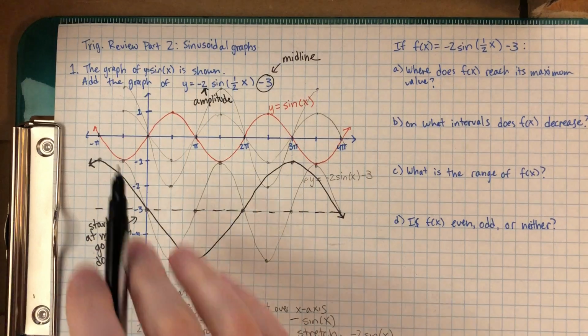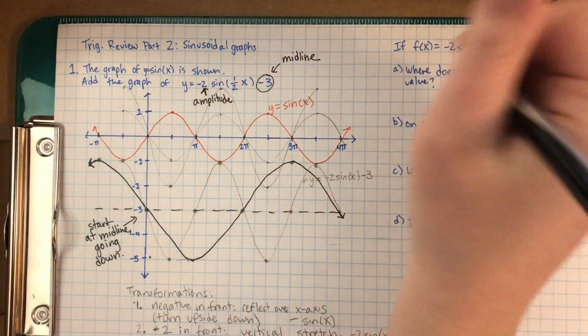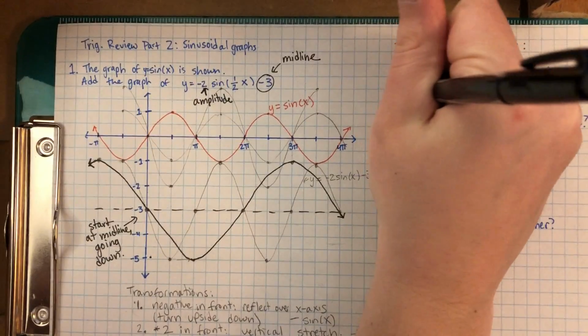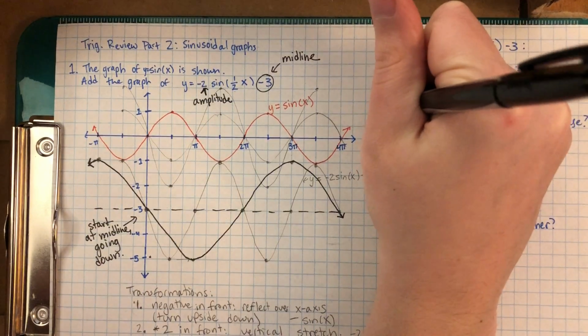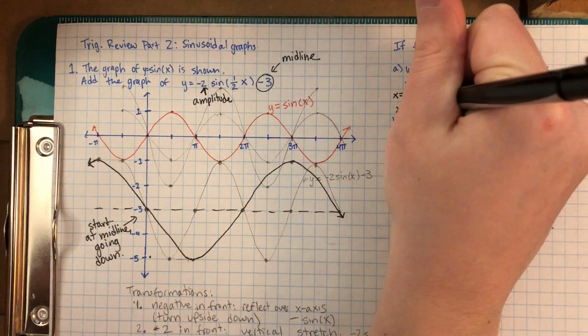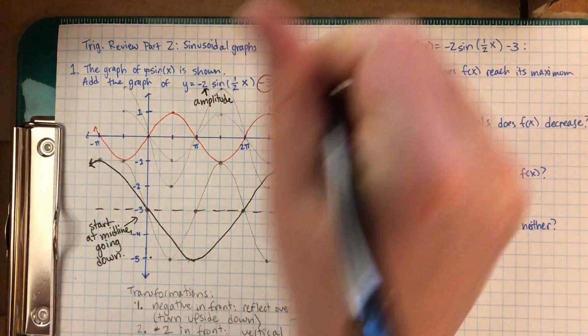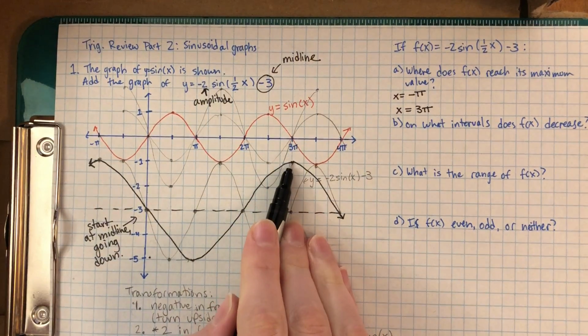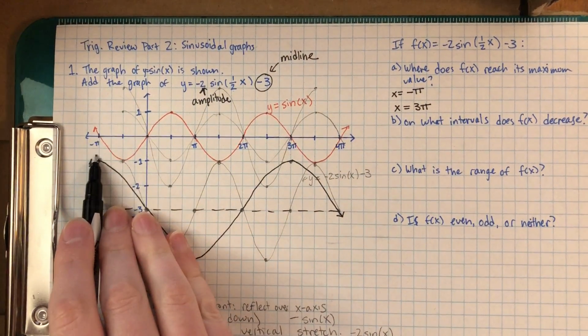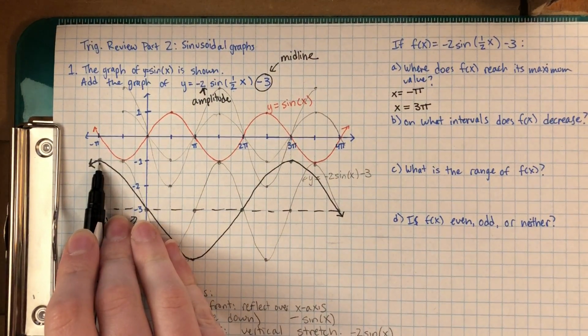And we see 2 places, right? I could put it at x equals -pi, or I could write x equals 3 pi.